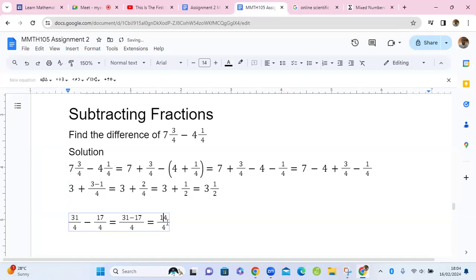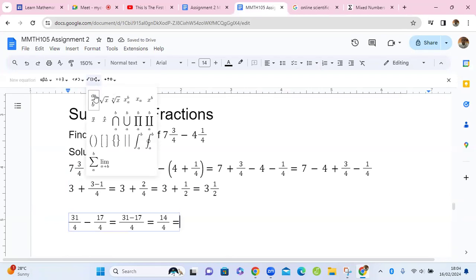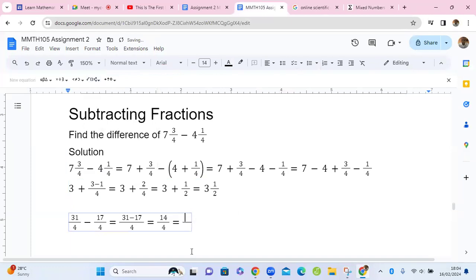Now 14 over 4 can simplify to 7 over 2, because we can divide by 2.